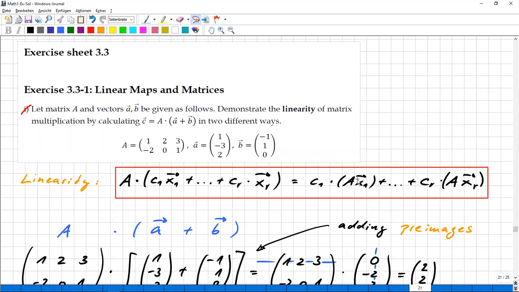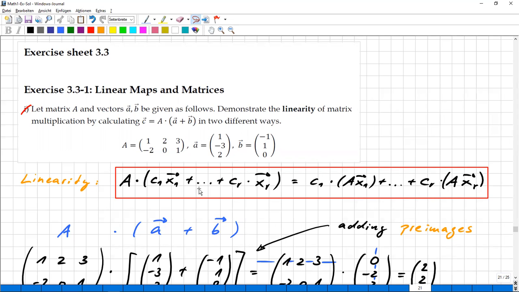These vectors are the pre-images, and I built the images of these vectors separately, and then I add the images in the image space.